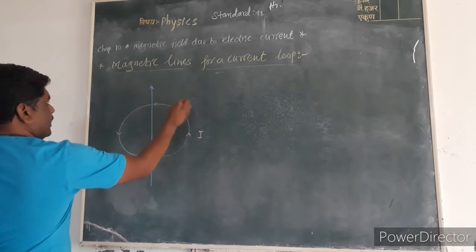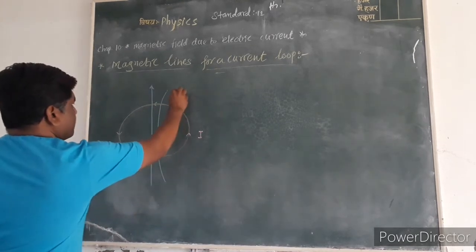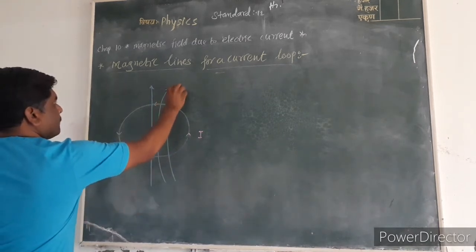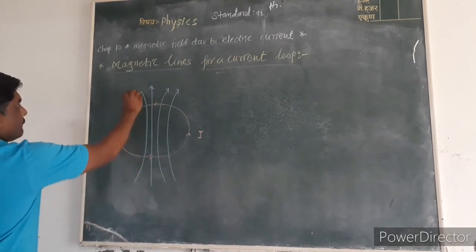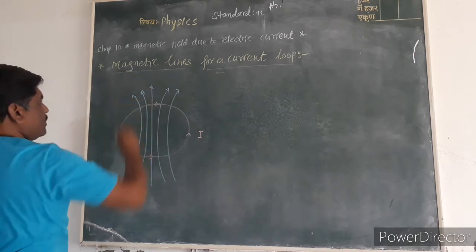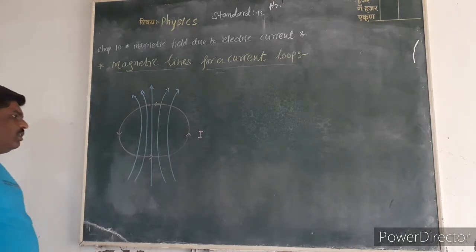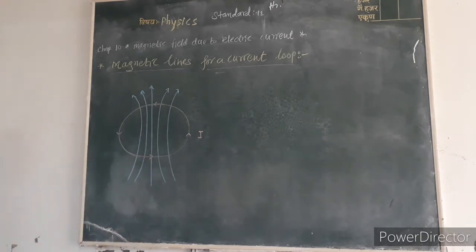suppose these are the magnetic lines. These lines show the magnetic lines from the lower end to the upper end.